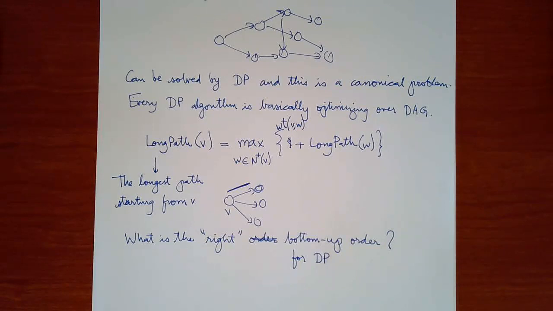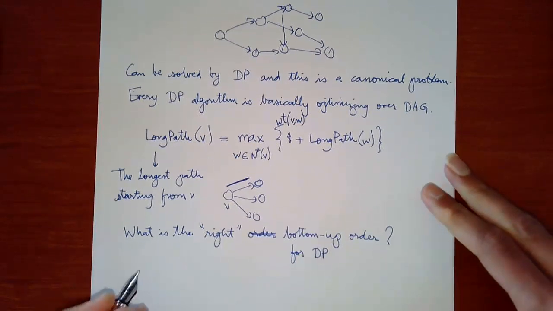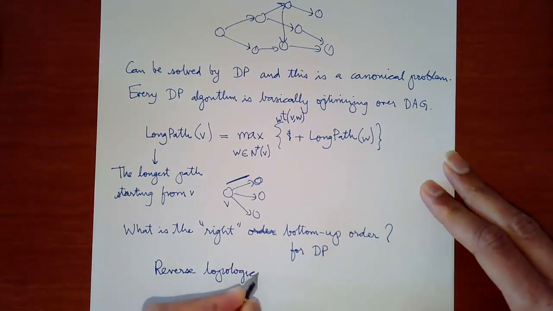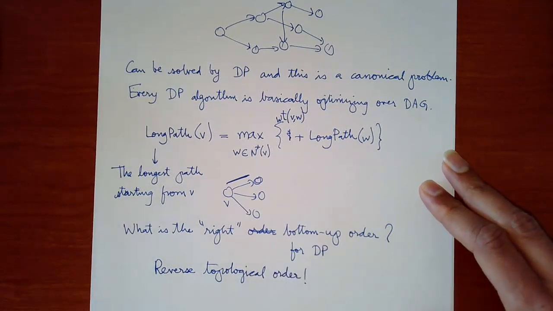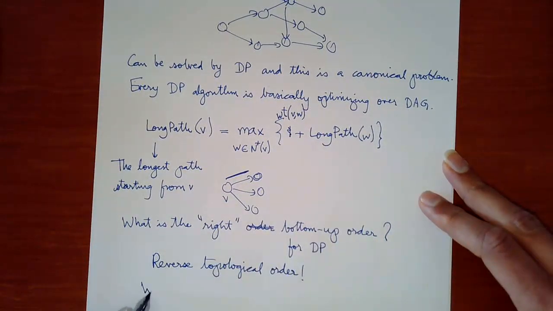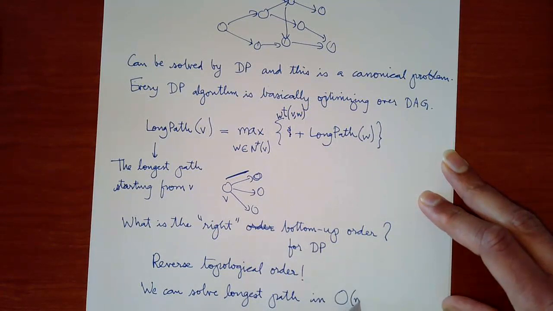The reverse topological order? It's a reverse topological order. So actually we can solve longest path in O of n plus m time, in linear time.